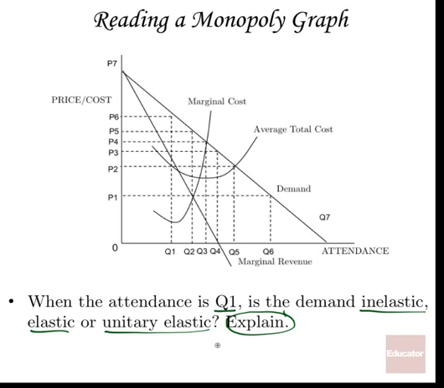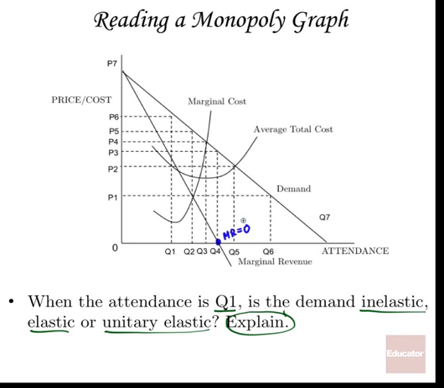As a rule of thumb, thinking about it logically, the left-hand side of the demand curve would be elastic, the right-hand side of the demand curve would be inelastic, and right in the middle is unitary elastic. But we're going to confirm that by actually working out the example right here. At MR equals 0, you've maximized the total revenue.